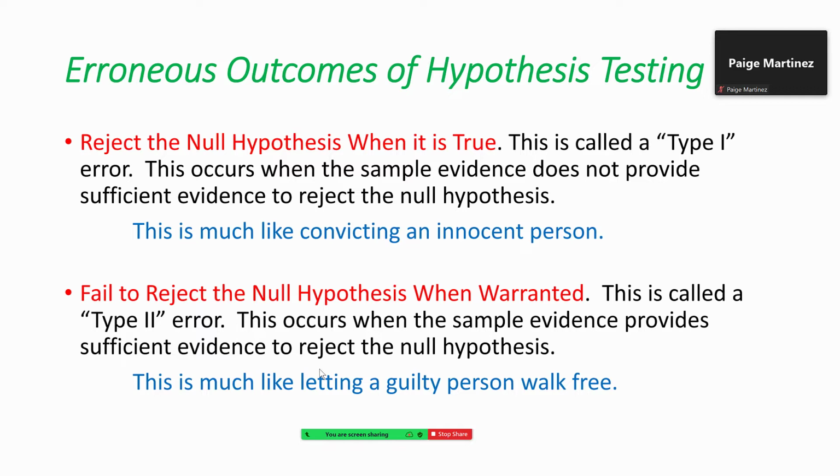This occurs when the sample evidence provides support to reject the null hypothesis, or you had enough evidence to reject the null hypothesis and you didn't. So in the case of the deck of cards, your probability was low enough that you probably should have said, no, the deck wasn't fair. Mr. Jones is a cheat. But you went ahead and said, no, I trust Mr. Jones, and you would have been wrong.